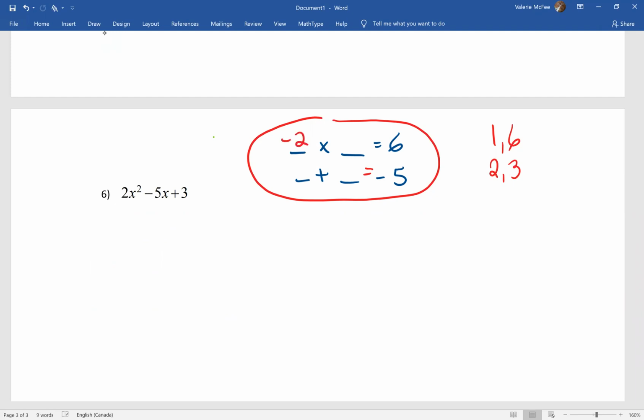I think I need to use the -2 and the -3. When I multiply them, it equals +6. When I add them, it equals -5. Did I mention that this is the place where most people make mistakes?